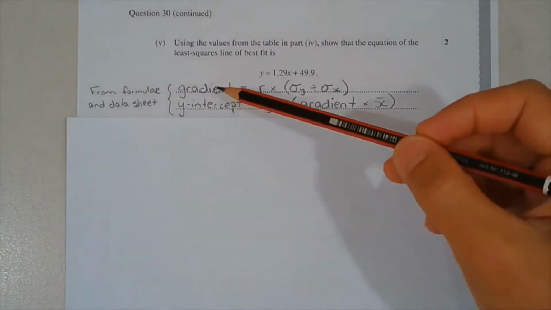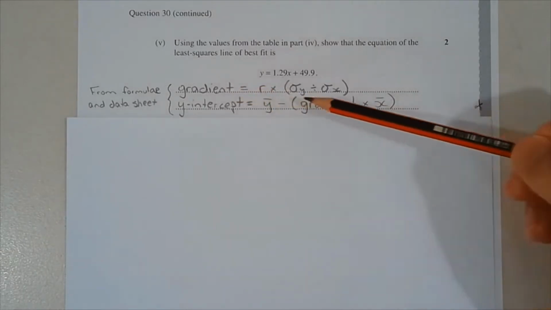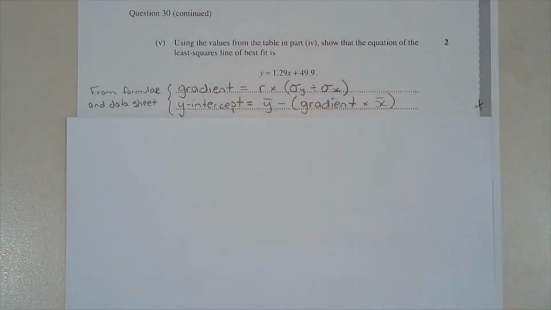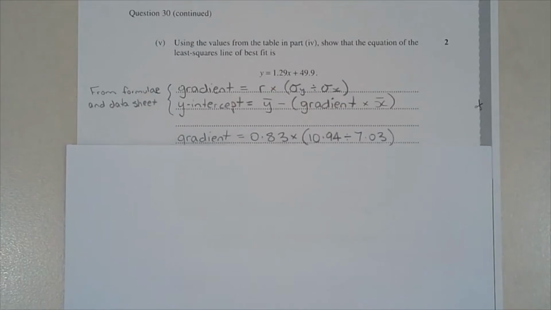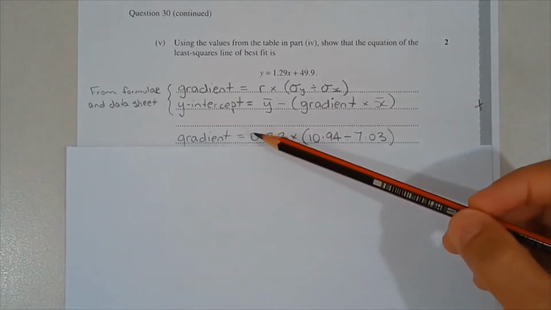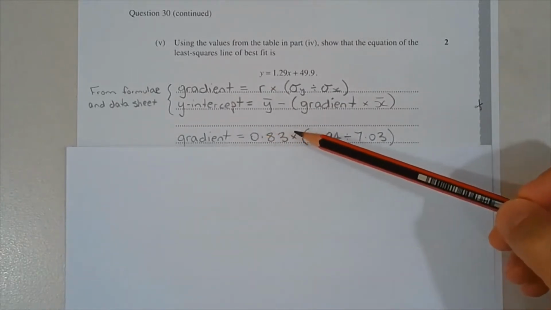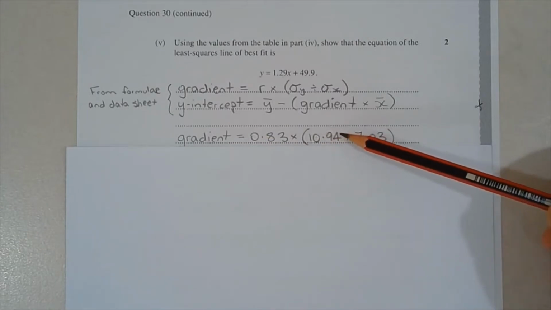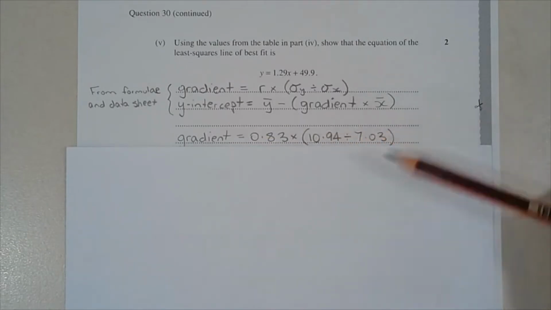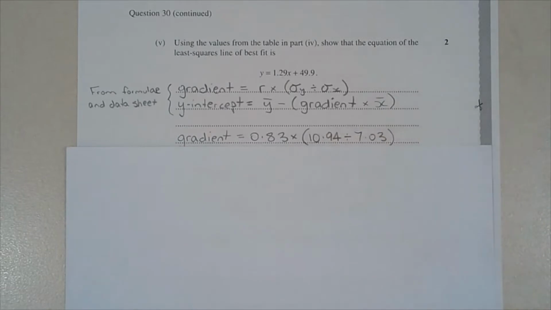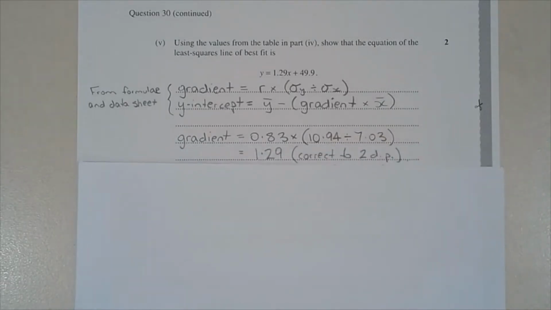So we need to determine the gradient first, and then using the gradient, we can then determine the y-intercept. So the gradient equals 0.83, correlation coefficient, multiplied by 10.94 divided by 7.03 in brackets, or you can write it as a fraction. And we get 1.29, correct to 2 decimal places. And we can use this value to determine the y-intercept now.